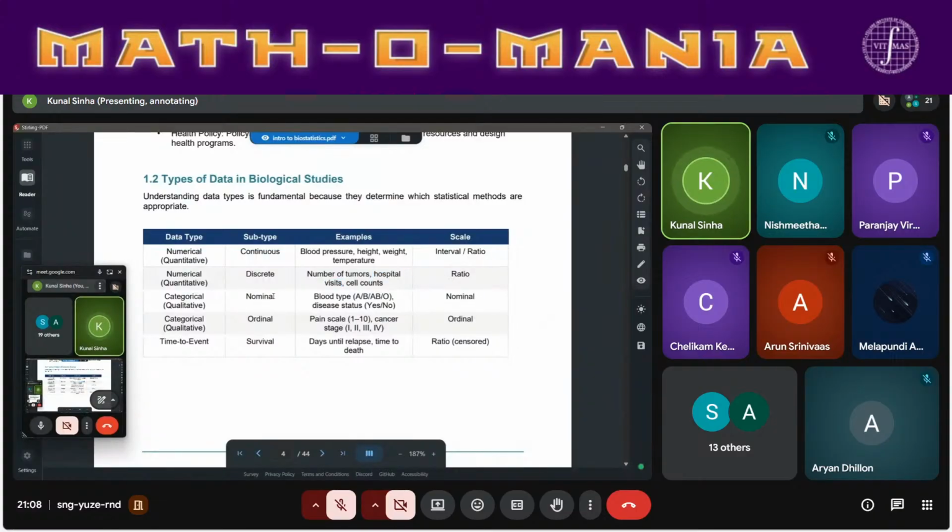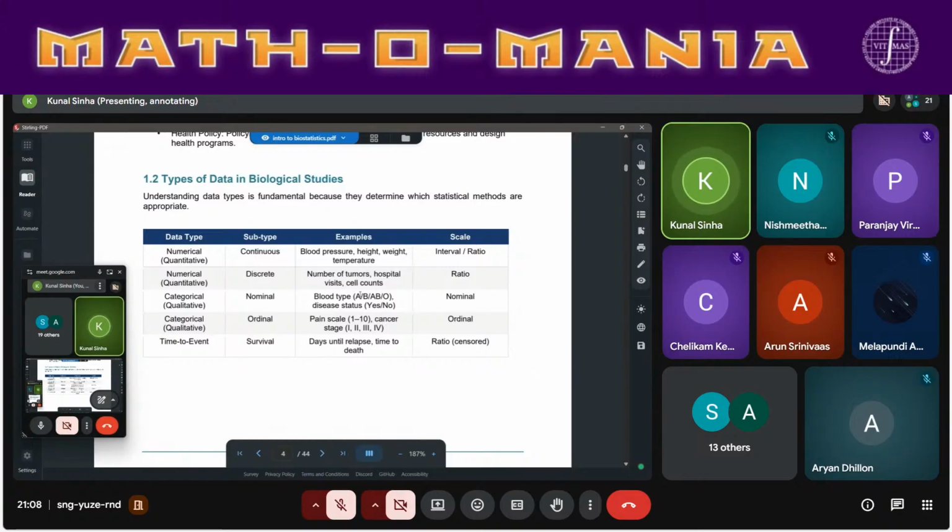The nominal, basically, they are not related in a certain order. They just have a set of values. Suppose it's A, B, and O. Now, I can give this like 1, 2, and 0. It won't make a difference for us. It won't be like 1 is greater than 2.